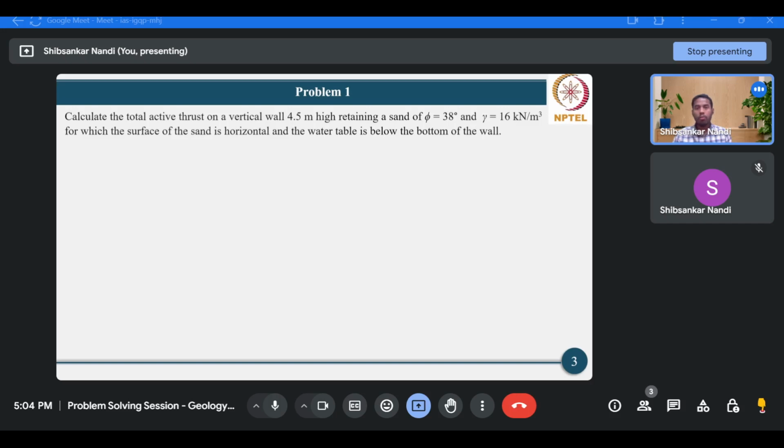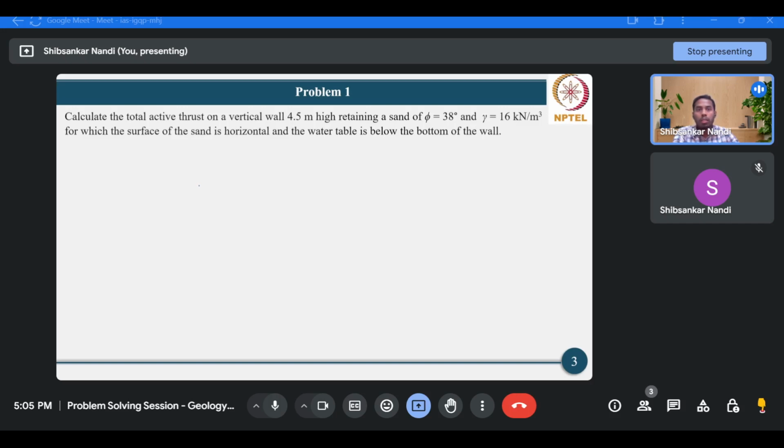This is our first problem for this session, and in this problem we have to calculate the total active thrust on a vertical wall which is 4.5 meter high, and retaining a sand of angle of internal friction 38 degree and unit weight 16 kilonewton per meter cube.